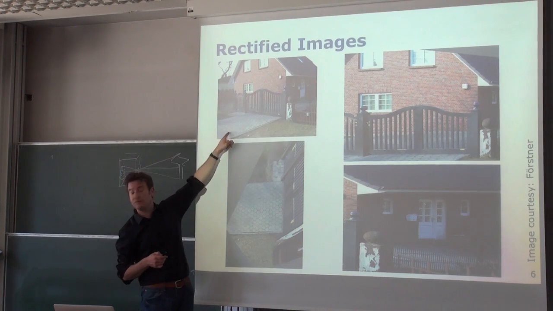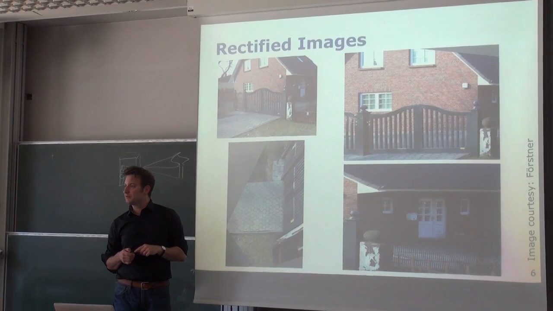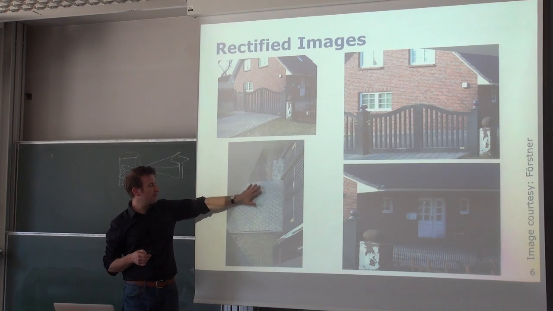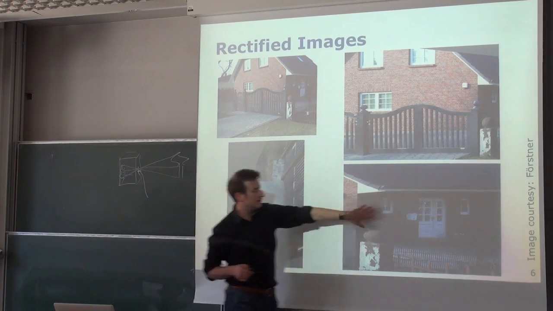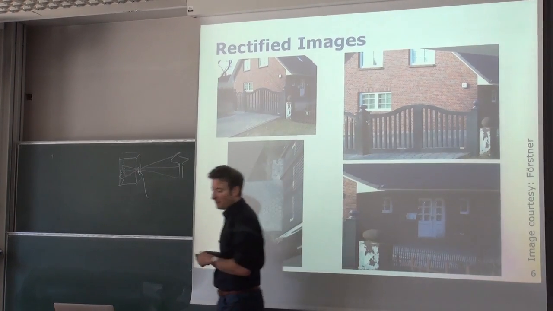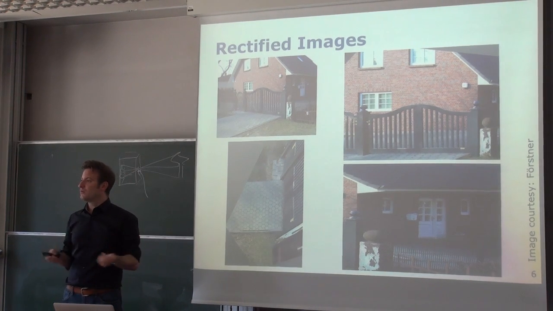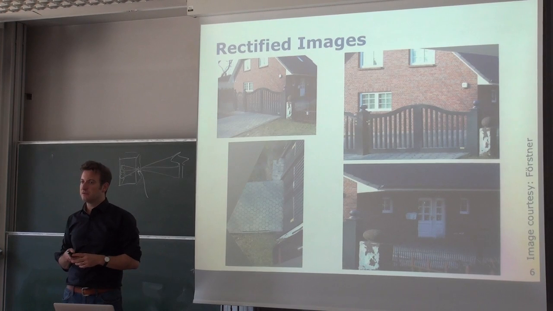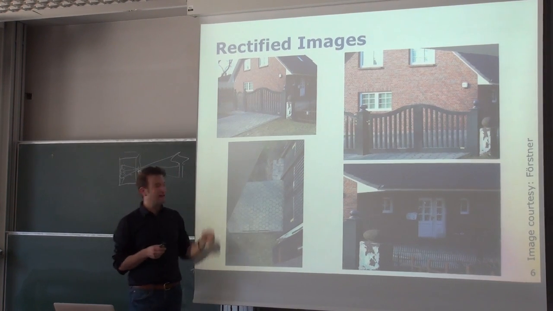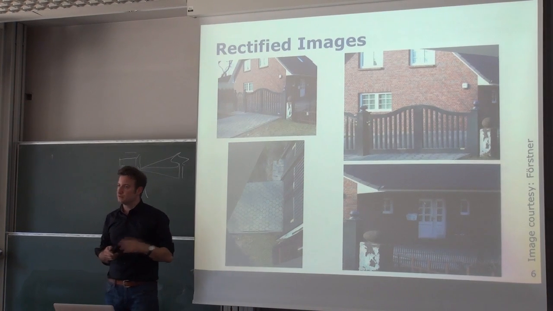Those images are generated from this image, knowing something about the geometry of the scene and where the camera is. I can then do the measurement in the plane, here on the ground plane or on this side of the building. But I can't do this in any part of the image. I can do certain rectifications with respect to certain planes that I have in my image. This allows me to derive some information about the geometry of that scene, or do measurements in there.